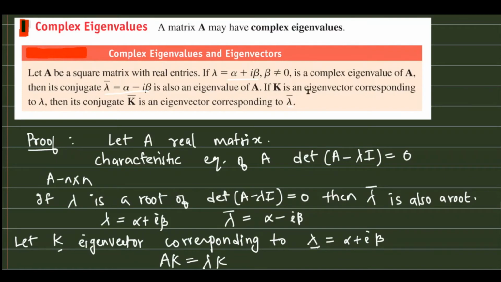Moreover, if K is an eigenvector corresponding to lambda, then its conjugate K bar is an eigenvector corresponding to the conjugate of lambda, that is lambda bar. So this is very easy to prove.